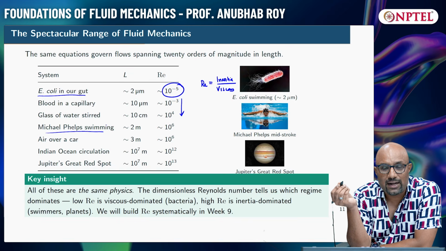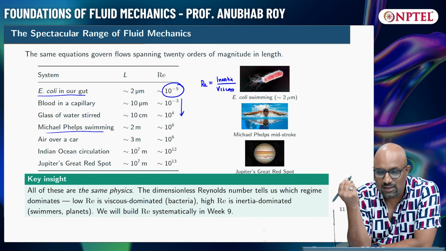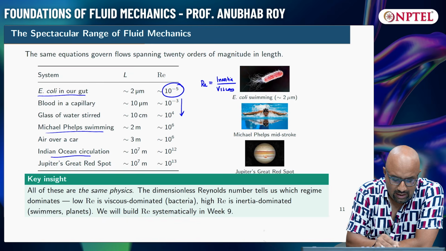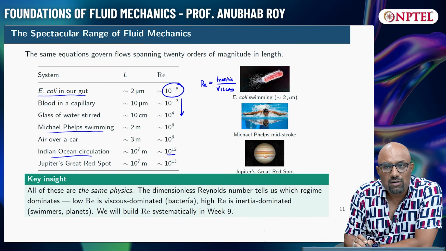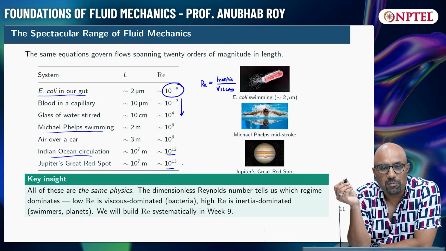So as you can see, the bacteria swimming inside your gut and the fastest swimmer are separated by this number over almost 11 orders in magnitude. Air over a car, the circulation in the Indian Ocean, 12 powers of 10, and Jupiter's red spot, which is around 10 to the power 13.